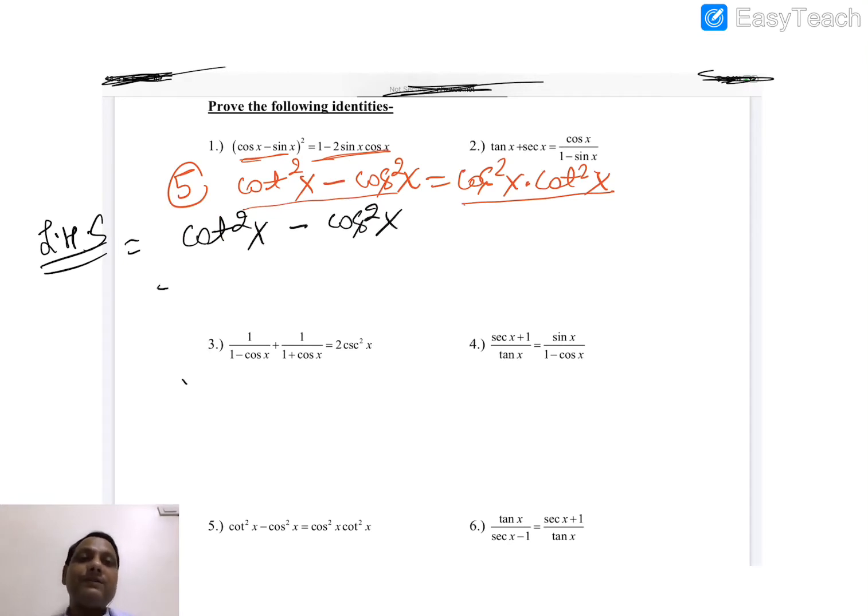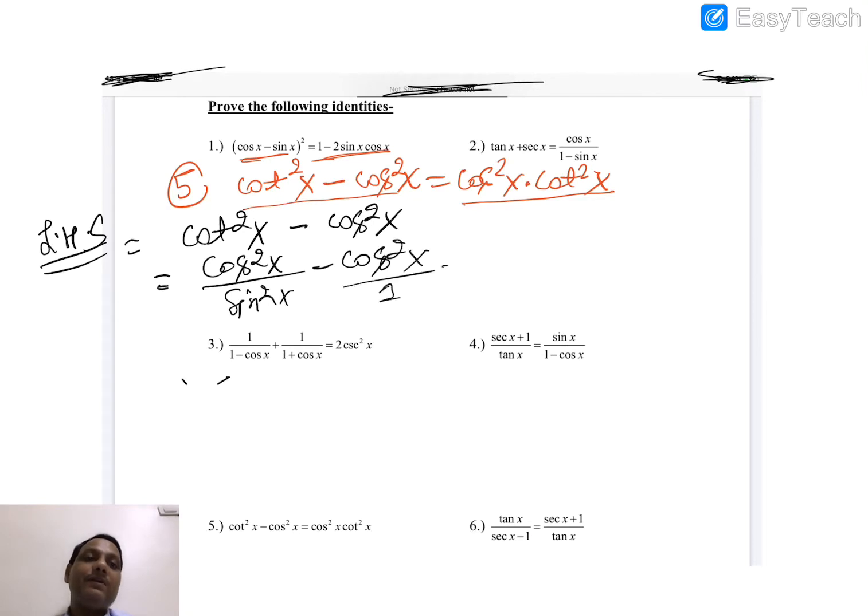Alright, you guys know very well cot square x in terms of sine and cos, because we are still going to prove that. So I will write here cos square x over sine square x minus cos square x.